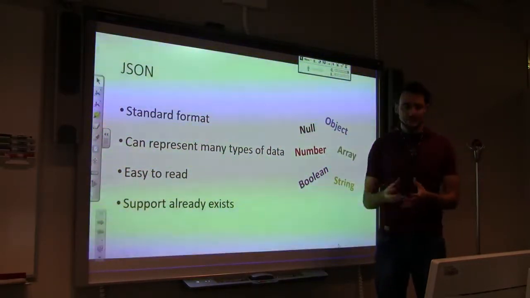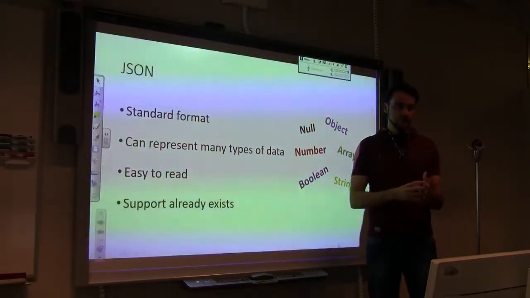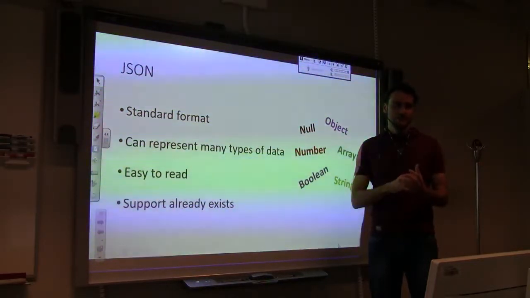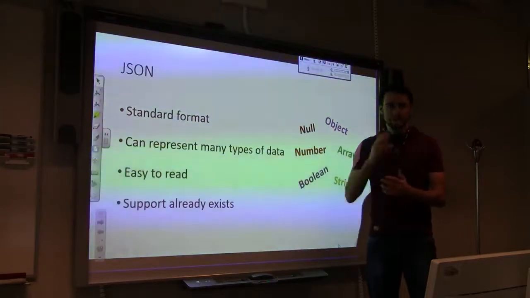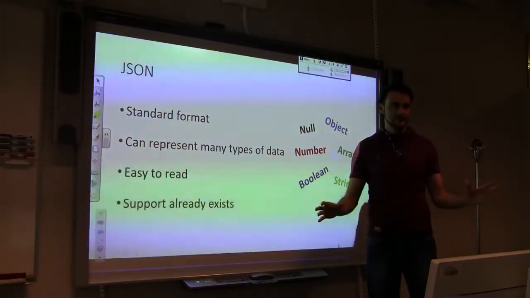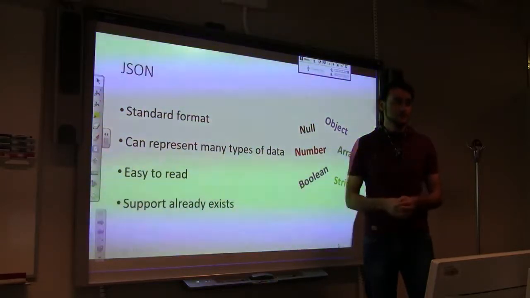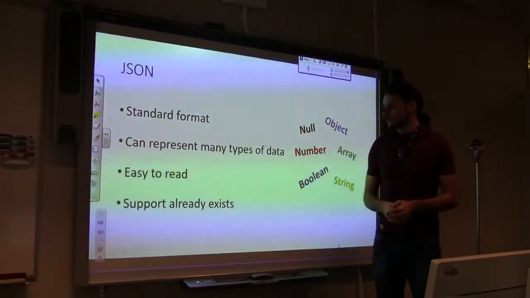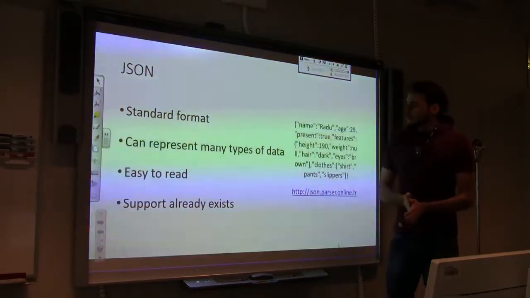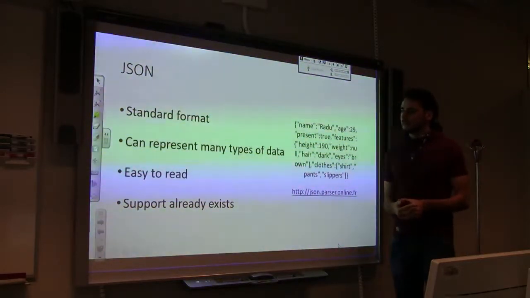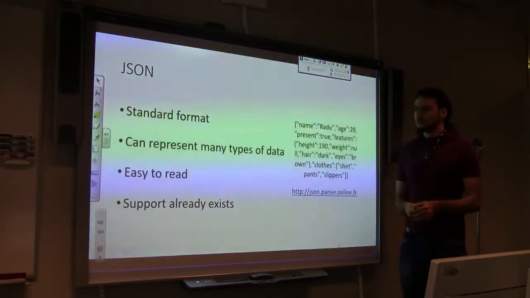So this JSON is not the only way, but it's a standard, which means that if I learn it and you learn it and somebody else learns it, then we can all collaborate and work on the same project, basically. Now, the third thing here is that it is easy to read.